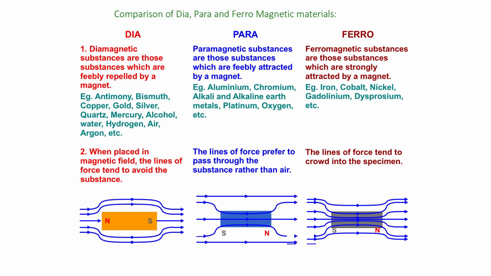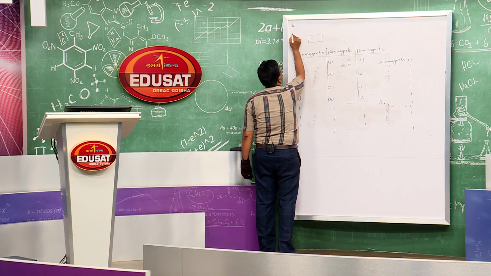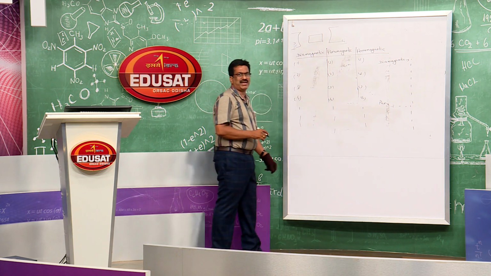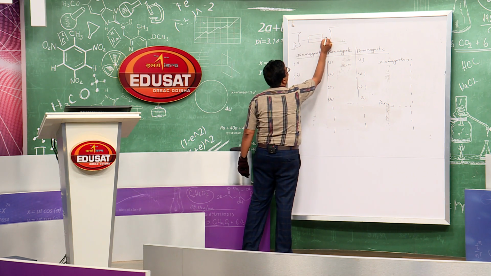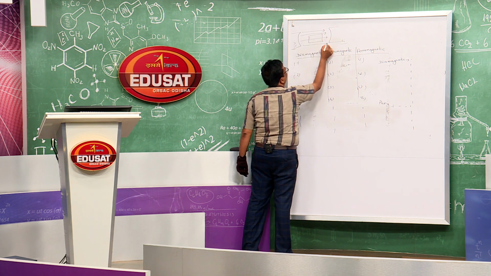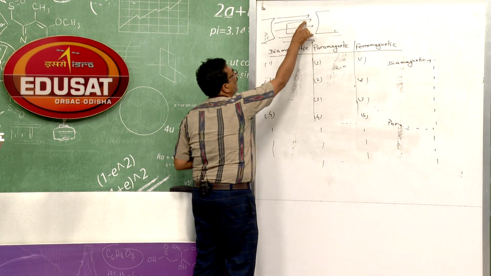The second property is: when placed in a magnetic field, the lines of force tend to avoid the substance. If a magnetic substance is placed in a magnetic field, the lines of force will mostly try to go out of that substance.